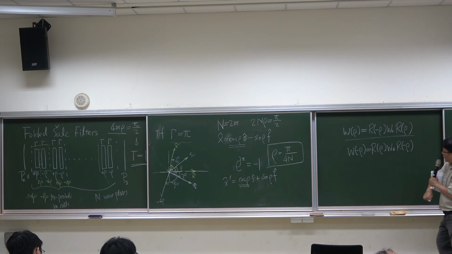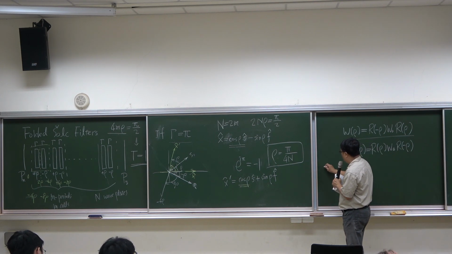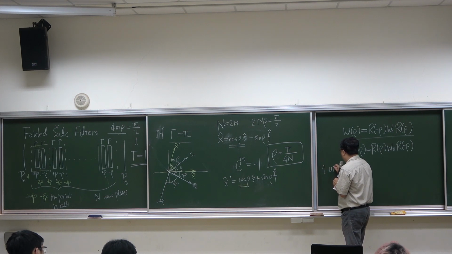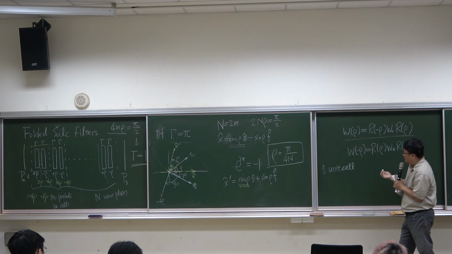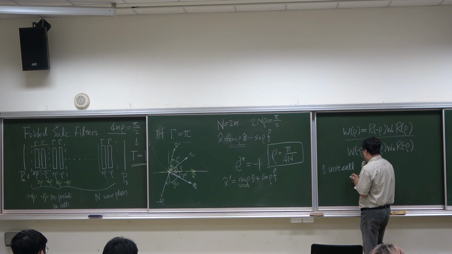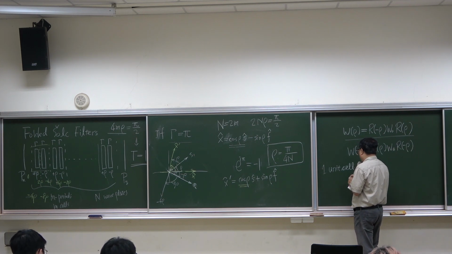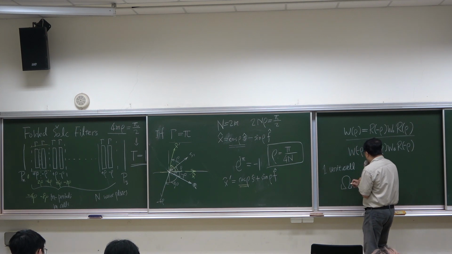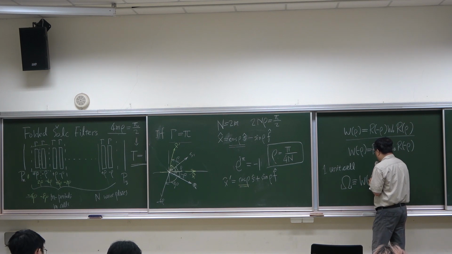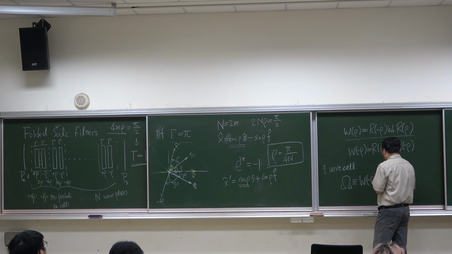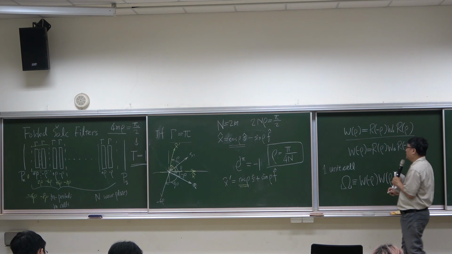So in one unit cell, we have a pair of wave plates, which I may denote as omega, defined as W minus rho times W rho.